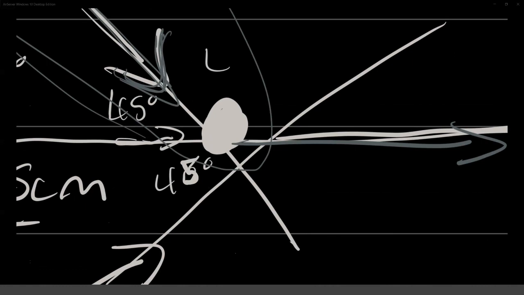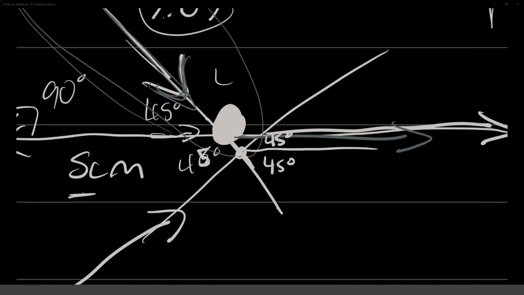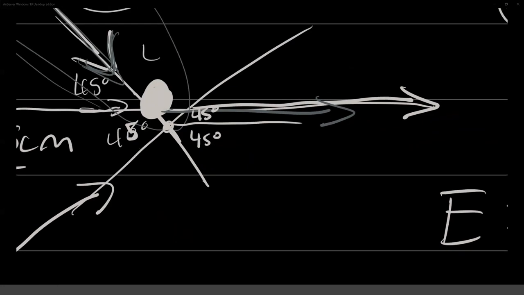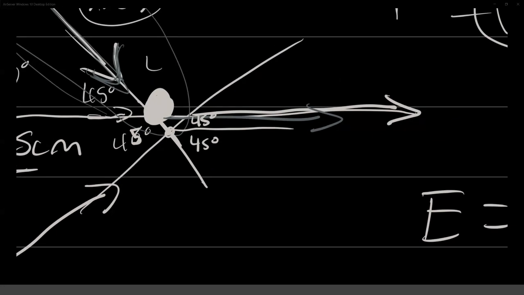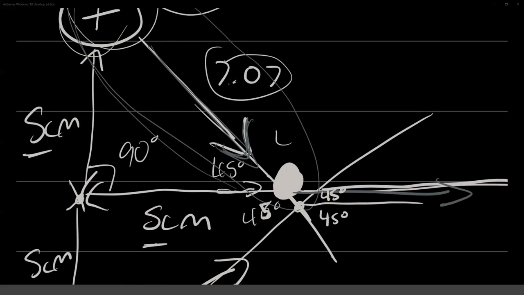These angles coming out are going to be 45 degrees as well, right? So by that logic, we know one side of this triangle is 1800, so we can use the same thing on this triangle.